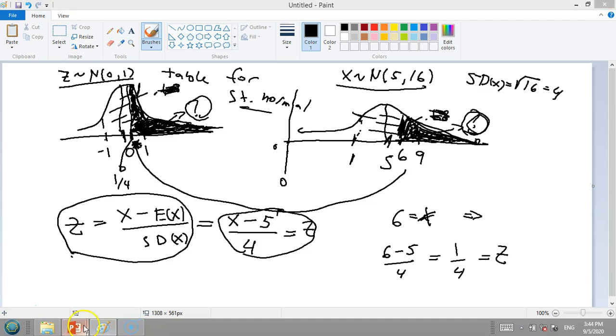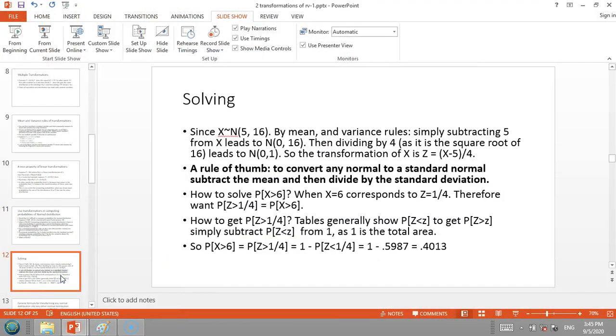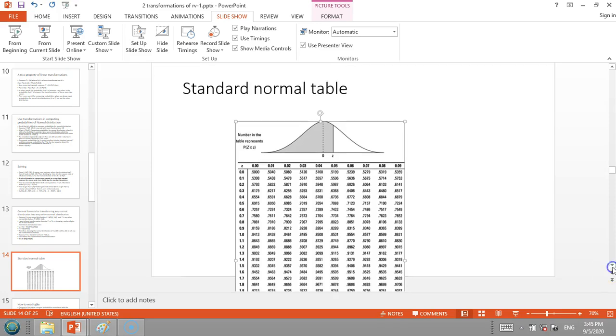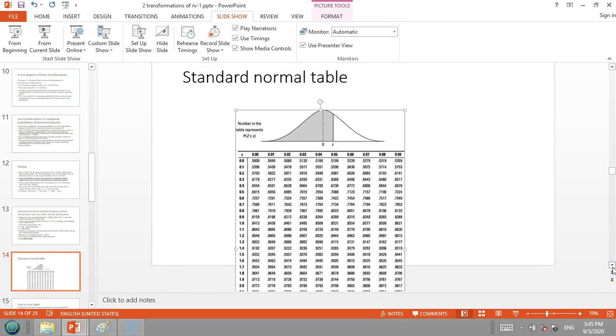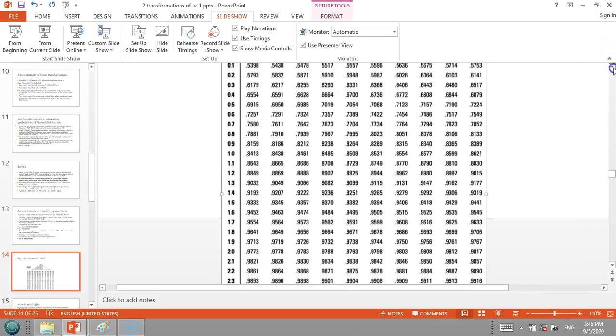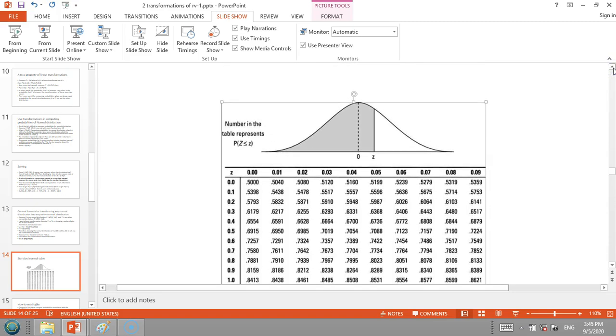Okay, the one in the PowerPoints. Okay, like this. I have here a standard normal table. Let's see what it gives me, because a lot of them are kind of tricky. There's a lot of probabilities here.